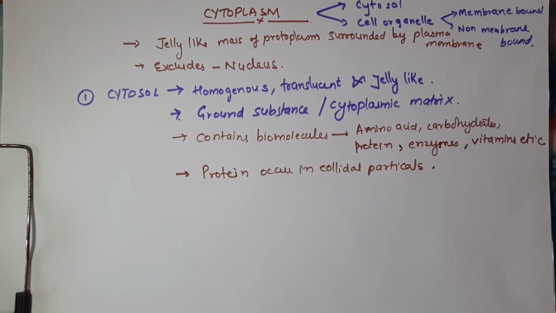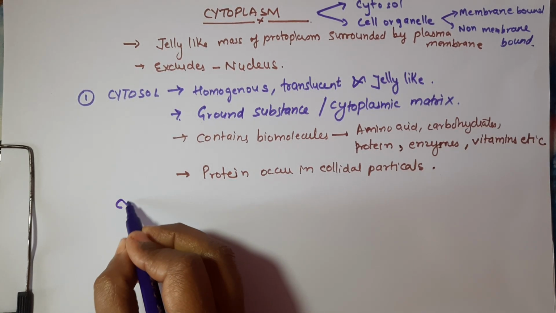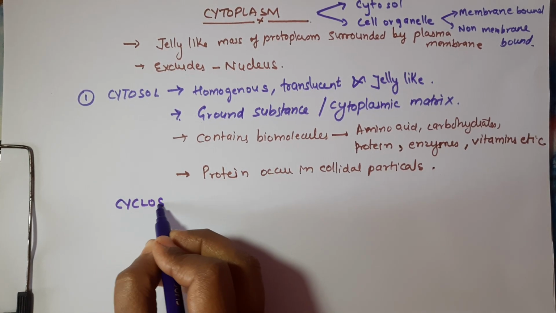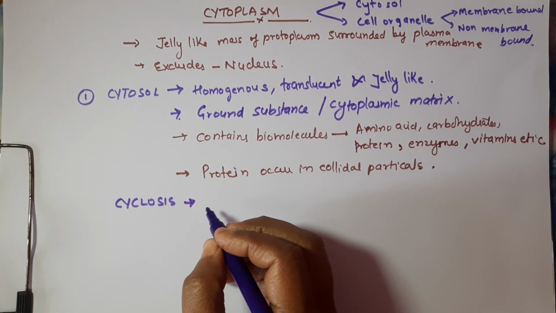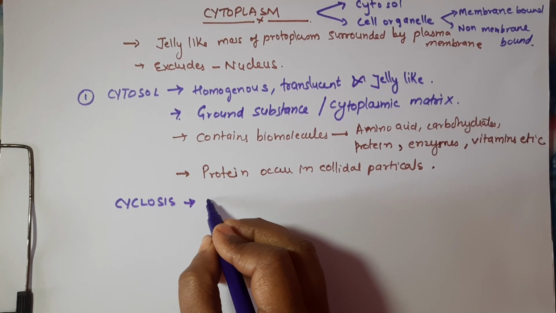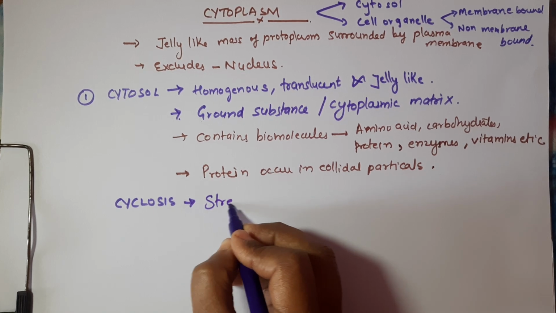Now there is a distinctive characteristic, the streaming of the cytoplasm, also known as cyclosis. If somebody asks you what is cyclosis, it is the streaming movement within the cell.